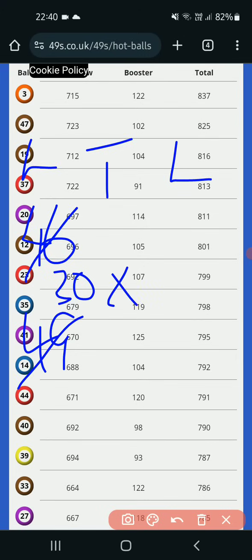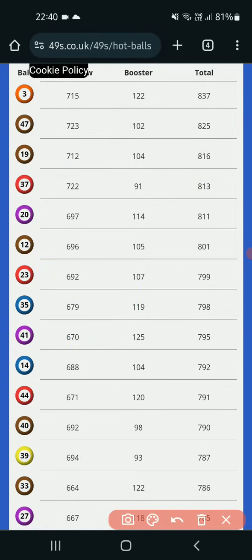Tea time passed, and then 30 came twice consecutive on two draws that were following. 30 came twice.